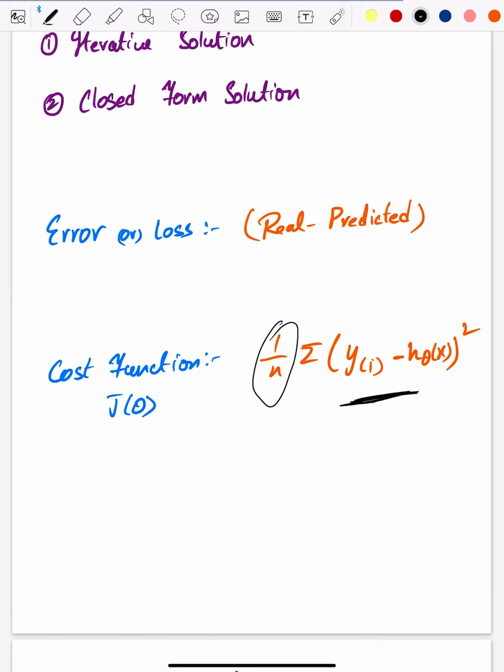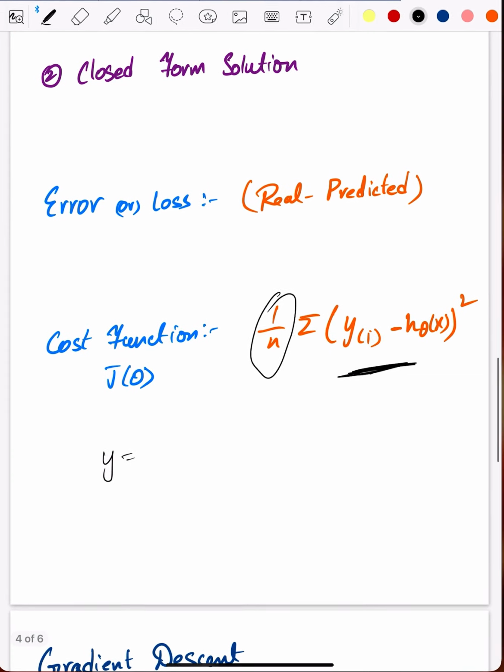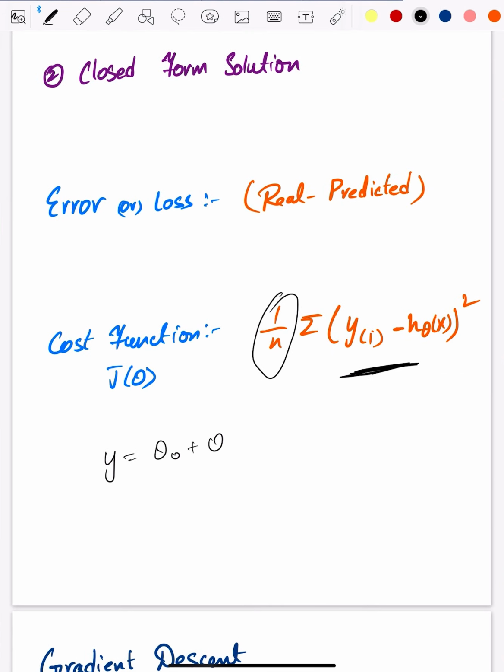So first, y is equal to theta naught plus theta 1 x, right? First you will be having this theta naught. This will be assigned by using domain knowledge, or there are some mathematical methods.